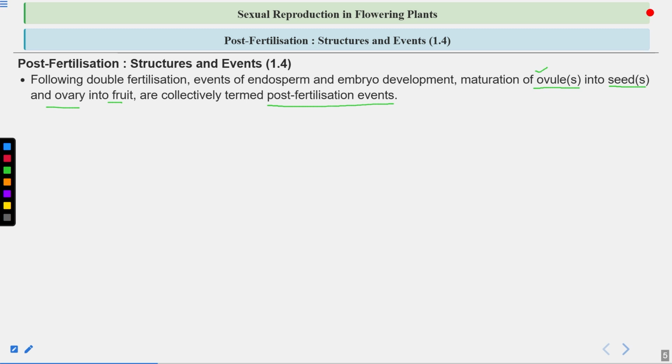But there are two more events. The thalamus part: what happens to the thalamus? Anyone can tell me what happens to the thalamus? The thalamus gets squeezed, because when you see any fruit, do you see any thalamus except in the apple or the false fruit?